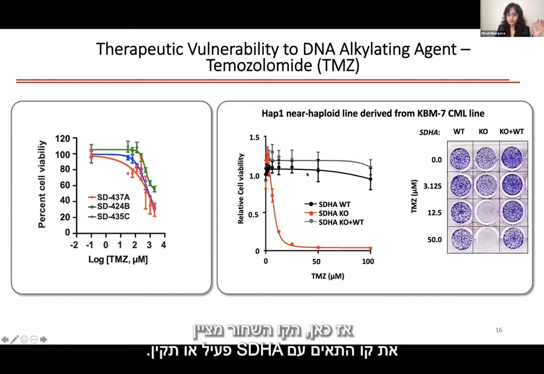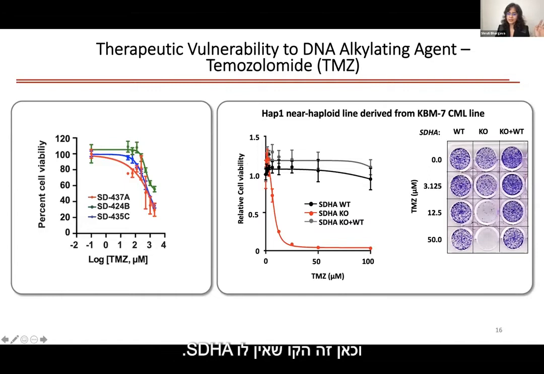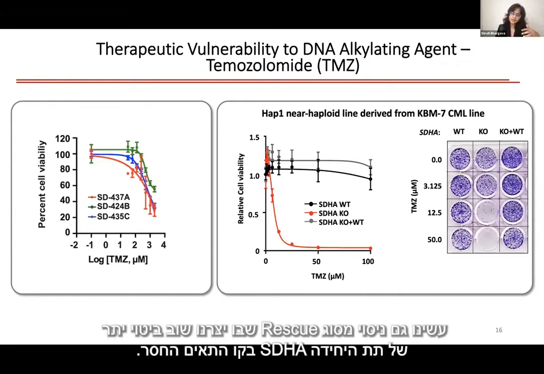Here, the black line denotes the cell line which has active or normal SDHA. The red denotes the line which does not have SDHA. We also did a rescue experiment where we overexpressed the SDHA subunit again in the deficient cell line.